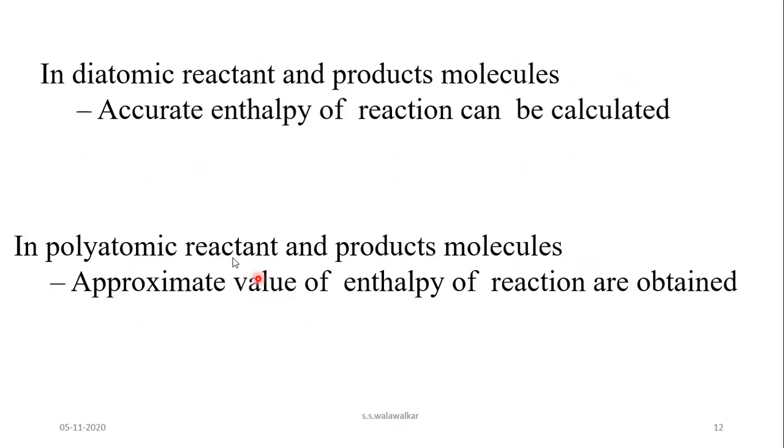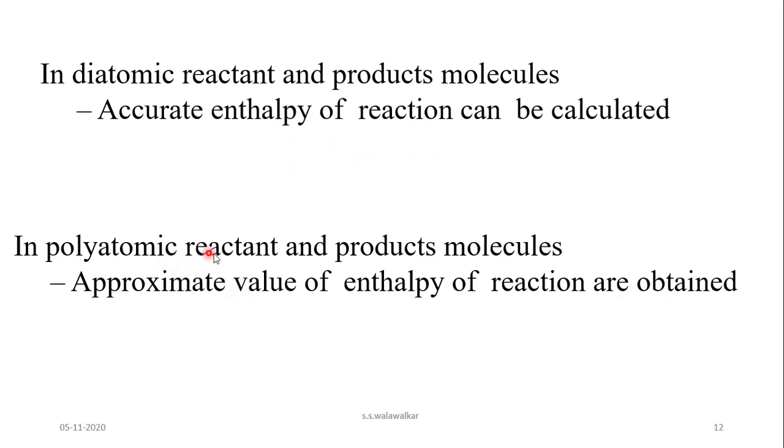So in diatomic, whenever the reactants and products are diatomic, then accurate enthalpy of reaction can be calculated. This point you have to remember, that whenever the reactants and products are diatomic, then the enthalpy of reaction calculated is exact, the results are accurate.